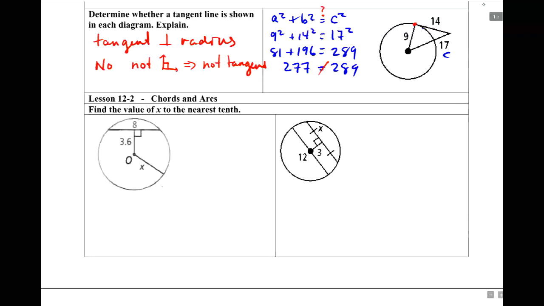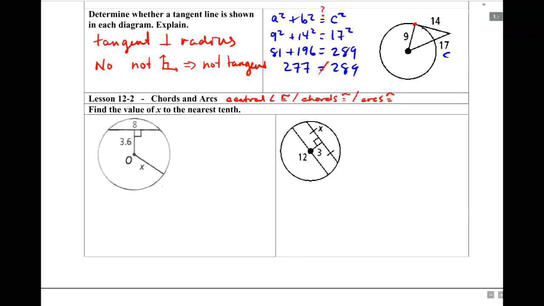All right, that was 12.1. 12.2 was chords and arcs. And the first theorems in these said that if central angles are congruent, then your chords are congruent, and your arcs are congruent.